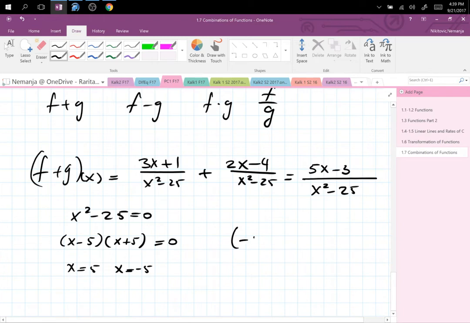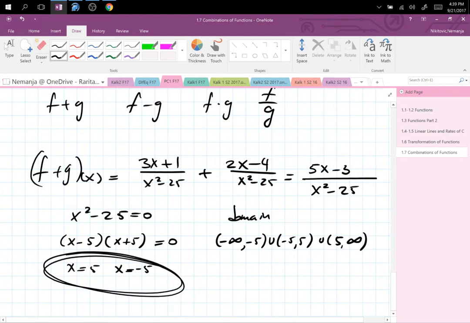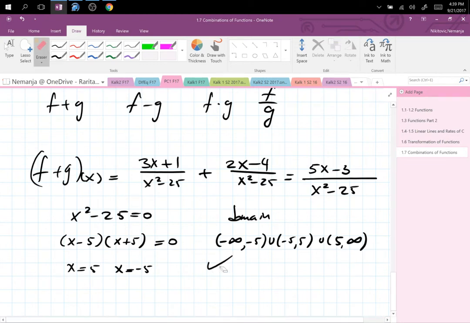So the domain is negative infinity to negative 5, union negative 5 to 5, union 5 to infinity. We have two breaks in the domain because the denominator is 0 twice, and we have to exclude both of those values.